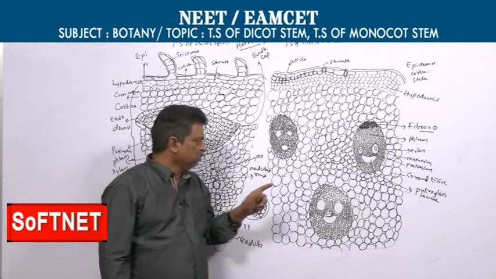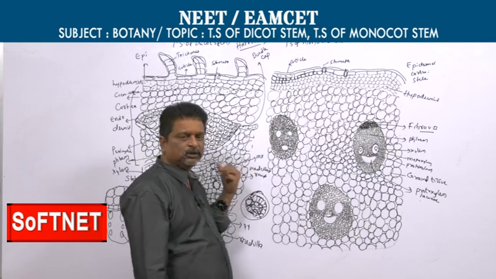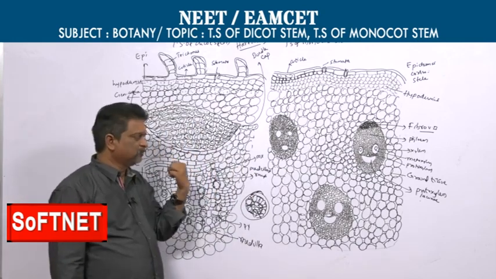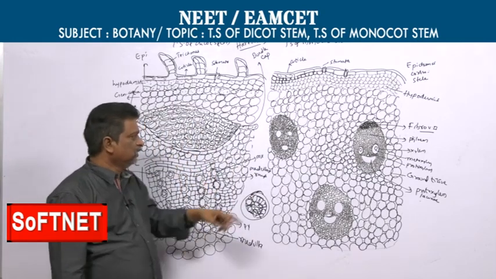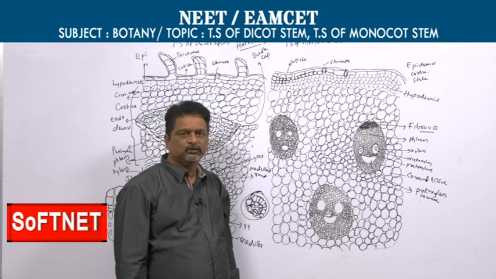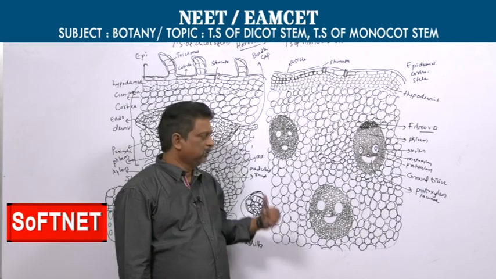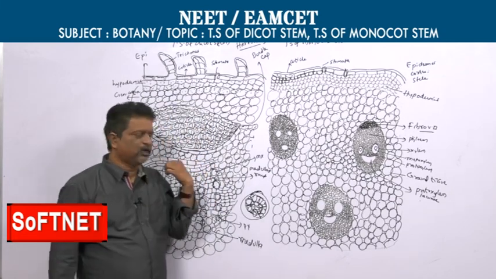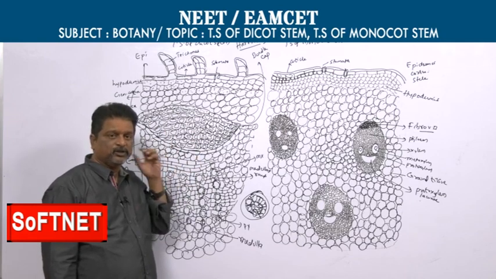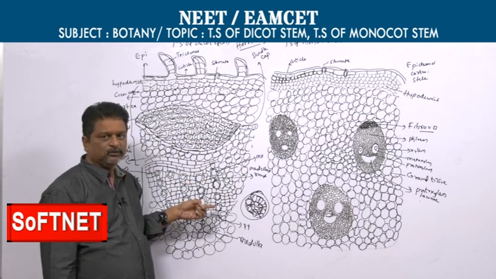Then, in monocot stem, phloem is without phloem parenchyma. In dicot stem, there is phloem parenchyma. In monocot stem, there is protoxylem lacuna, a lysigenous cavity. In dicot stem, such a cavity is absent, but only in cucurbitaceae there is a medullary cavity.